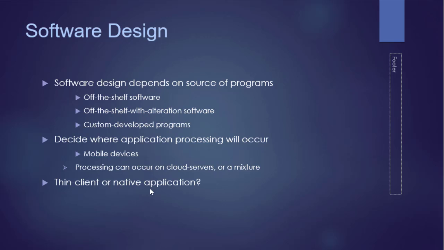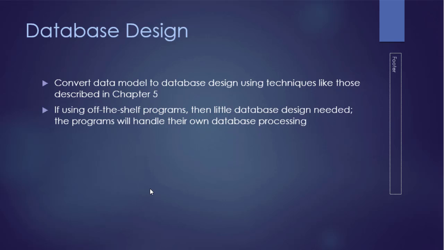That gets into some network usage of how you want to send your data back and forth, and also your processing back and forth. There are whole classes on that kind of terminology. But again, just be aware that that's what has to occur in terms of the software design phase.